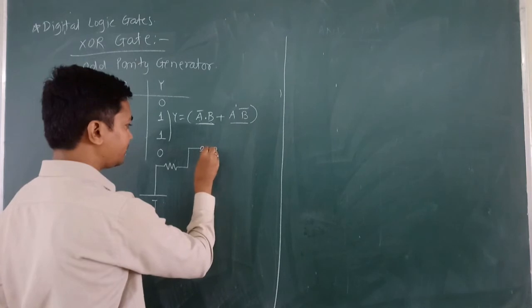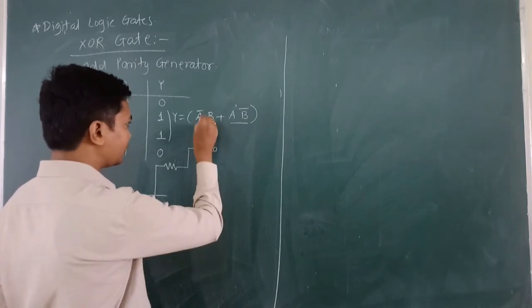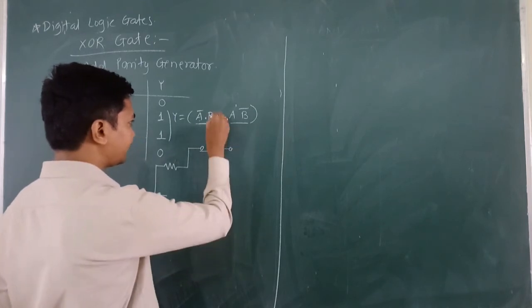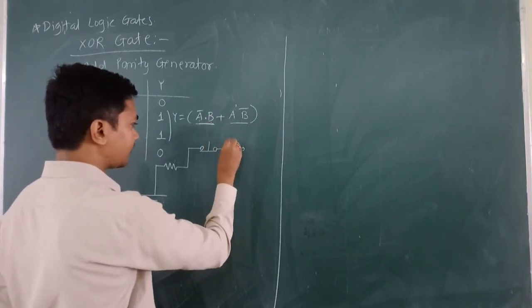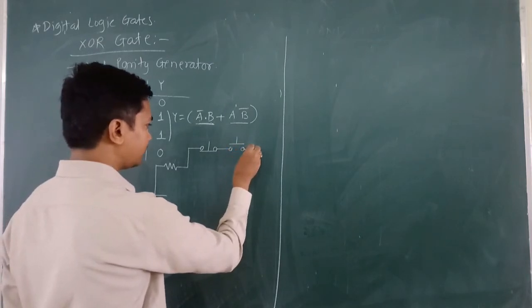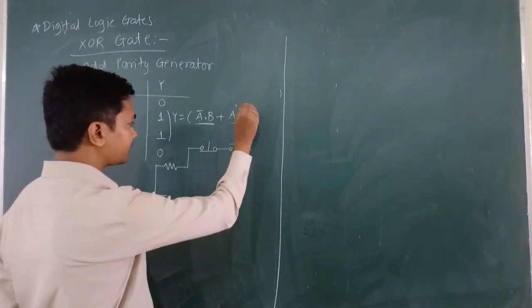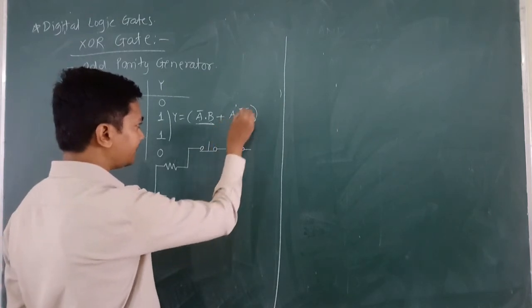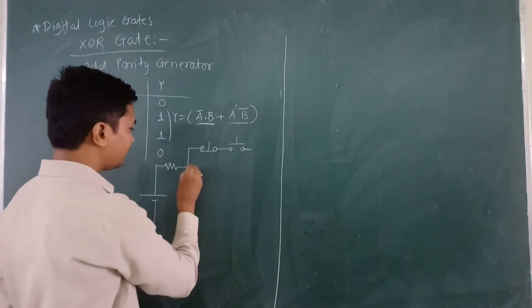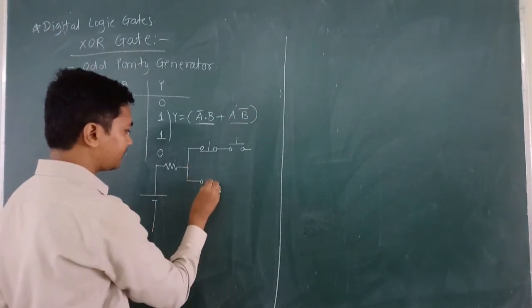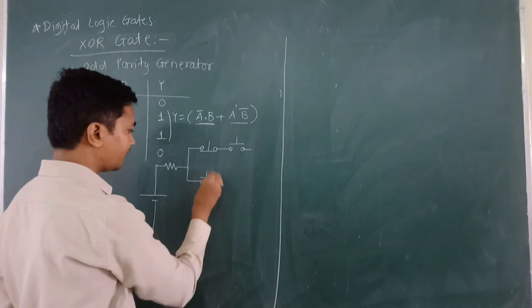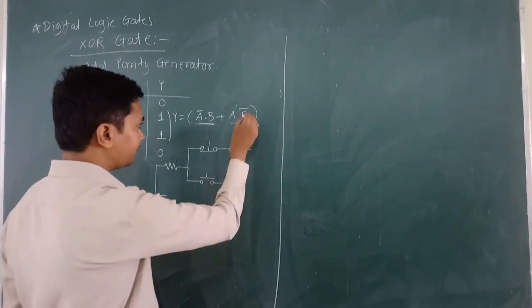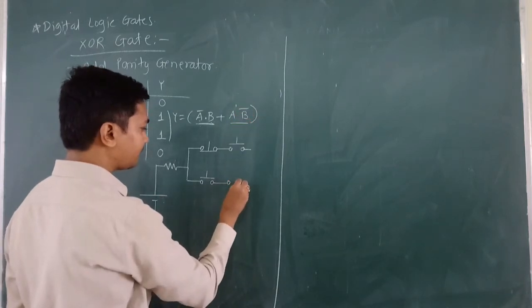So here A bar is written, that means take an NC type switch, and this should be ANDed with B. This is not the bar operation, so take an NO type switch. Next, this combination should be logically ORed with the combination A dot B bar. So draw a simple NO type switch A, and it should be ANDed with B bar. B bar means NC type switch.